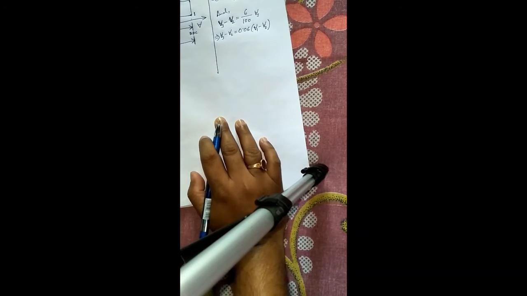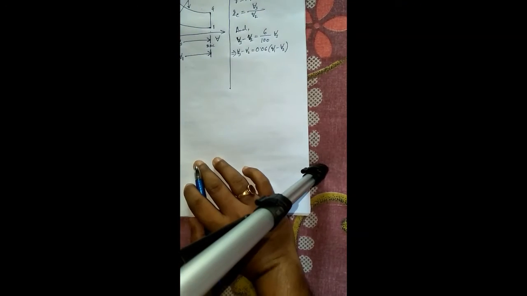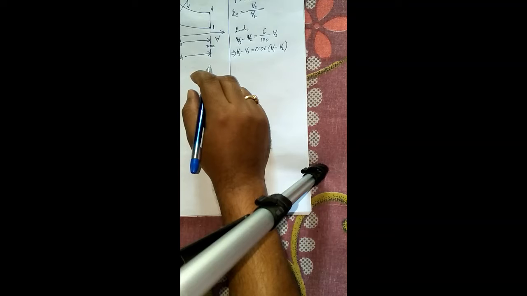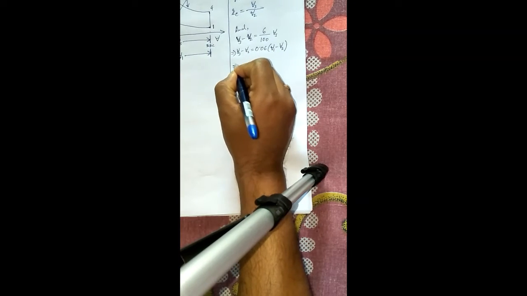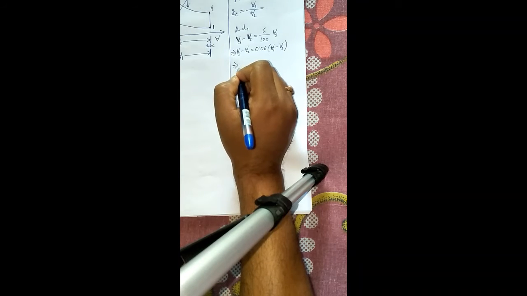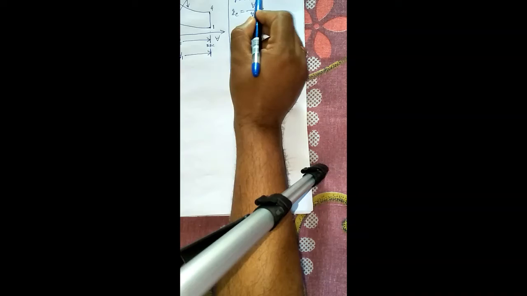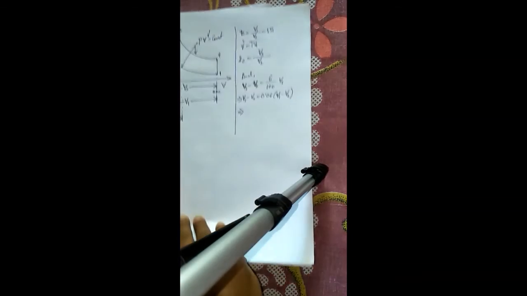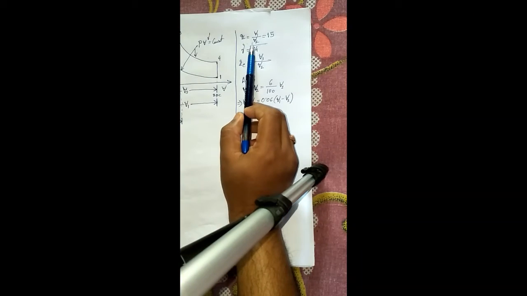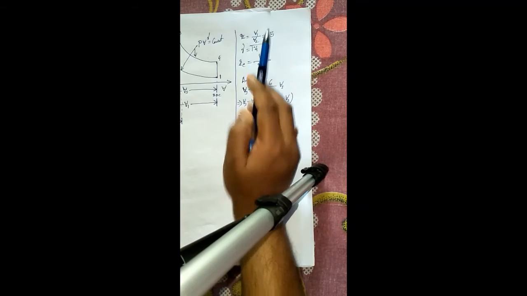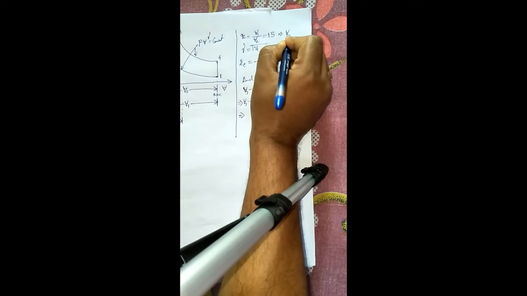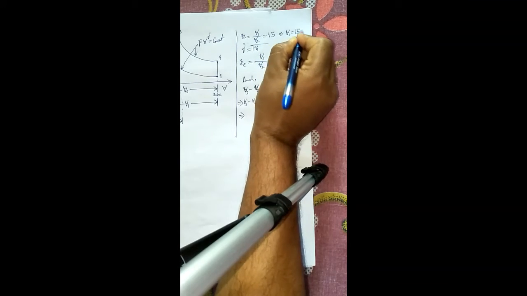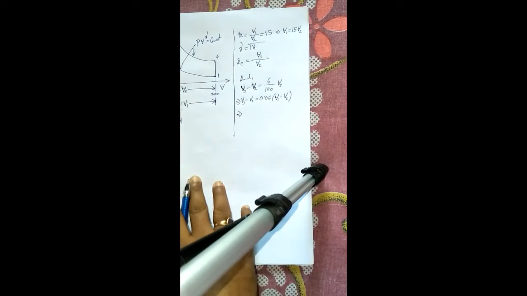From this relation, we can write V1 is equal to 15 V2.